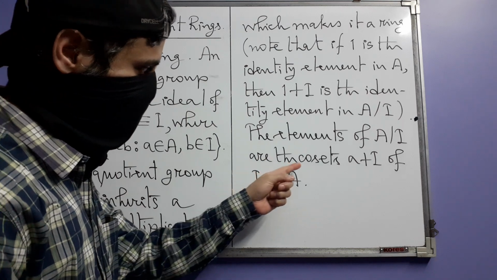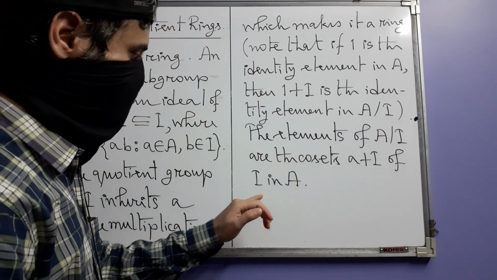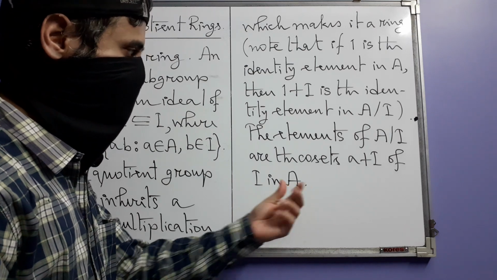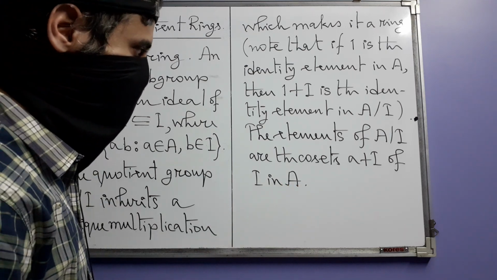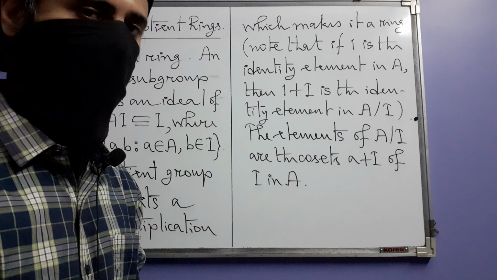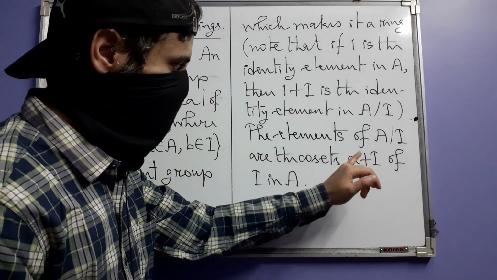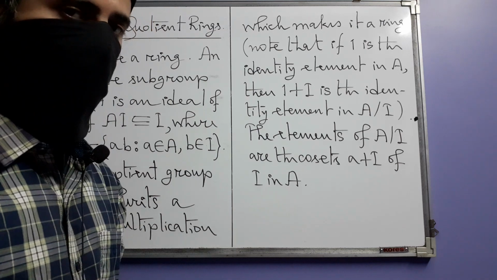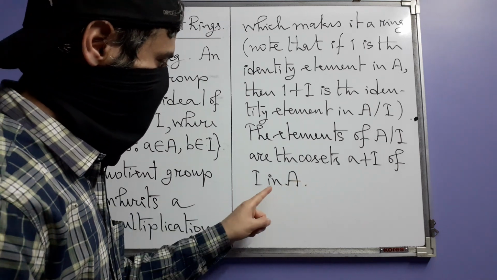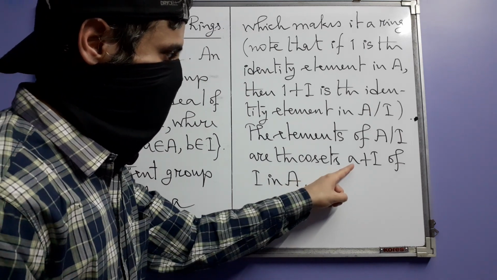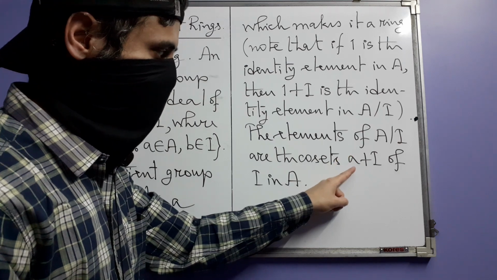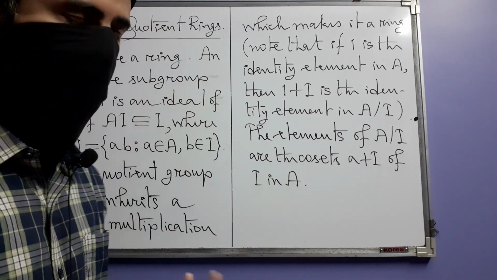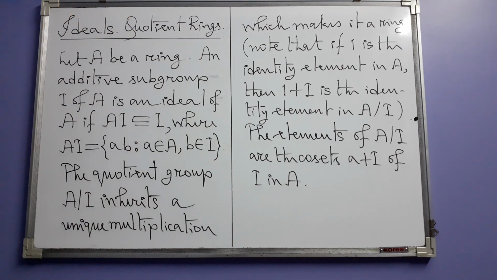Here also, that's what cosets are. But additionally, we have more structure. A is not just a group, A is in fact a ring, but coset means just that. This is a coset of the subgroup I of the additive group A. And when we say in A, this means that the representative element of the coset is coming from A. Okay, so these are the simple things we already saw in ring theory in Herstein.